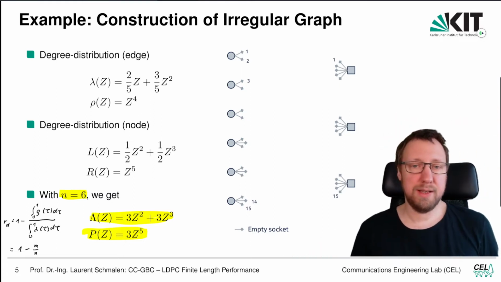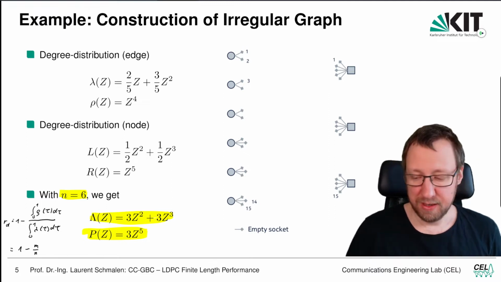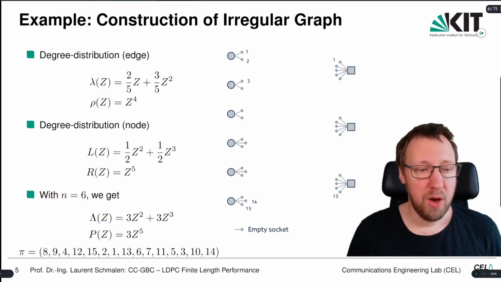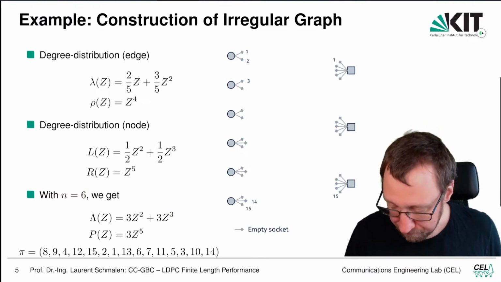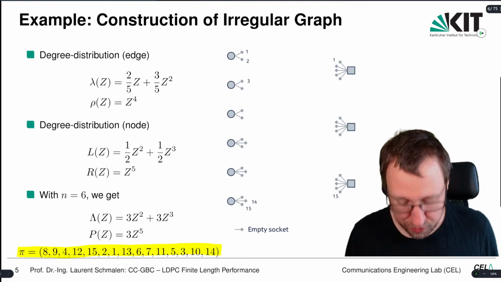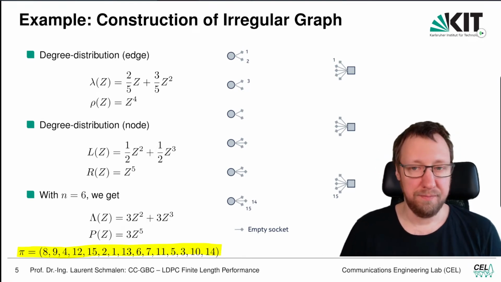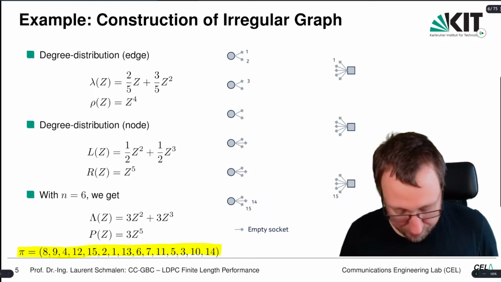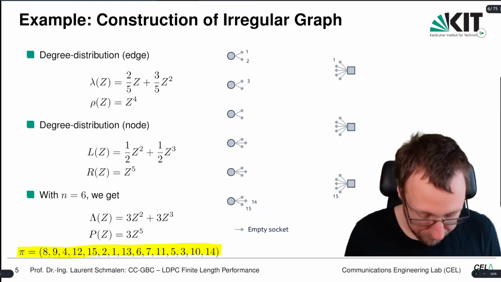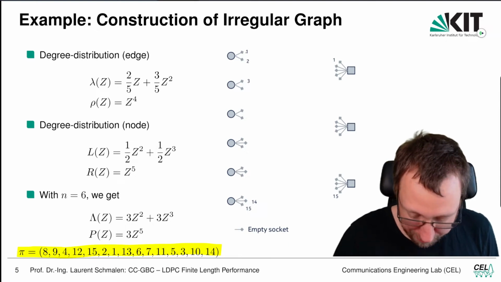And with these sockets, we can now get a random permutation. So the next step is we fix our random permutation. The random permutation is this one. It's just a permutation of the numbers from 1 to 15. It means that we connect socket number 1 with socket number 8.